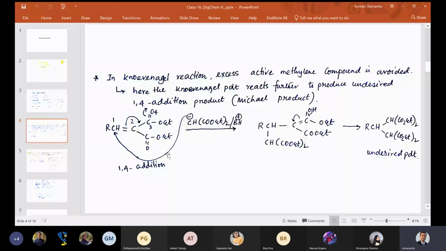The bond goes up and comes back. So you had one CH(CO2Et)2, and now another CH(CO2Et)2 moiety gets added. This is your undesired product, which you would not expect.